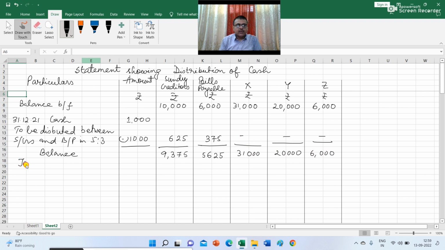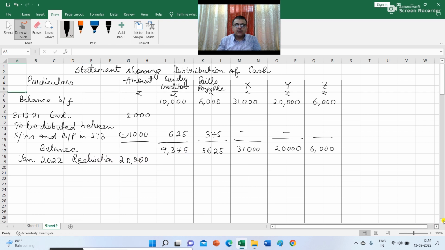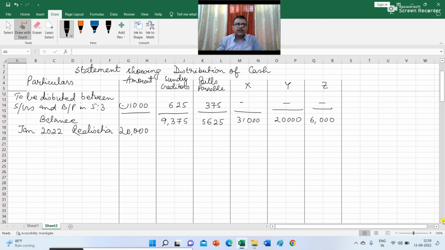Now, in January 2022, amount realization was rupees 20,000. So from this 20,000, first of all, we are going to distribute the amount to sundry creditors and bills payable.